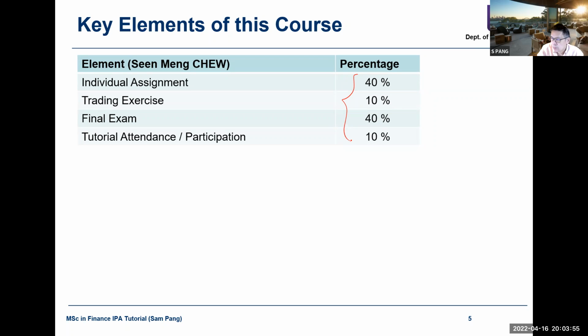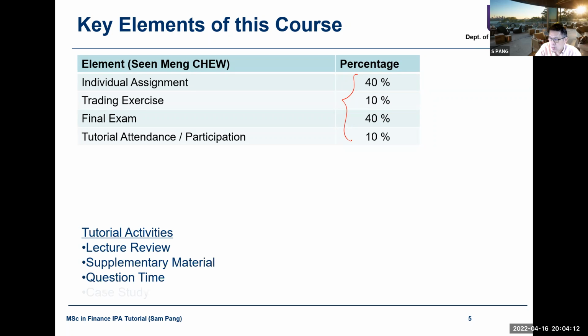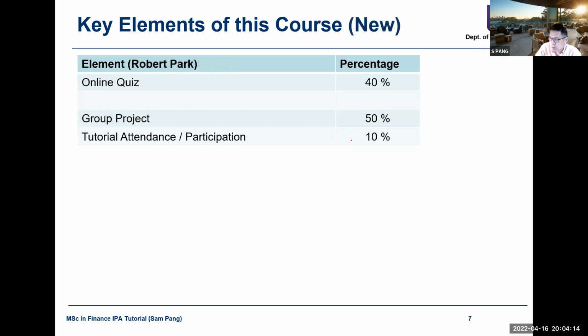And the trading exercise, I hope you all had fun doing that, and I hope you learned something too. We have an exam next week on Tuesday, and that's about it. And this is when we welcome Professor Robert Park. We'll keep you up to date on that.